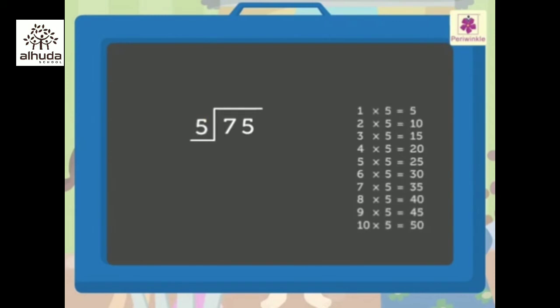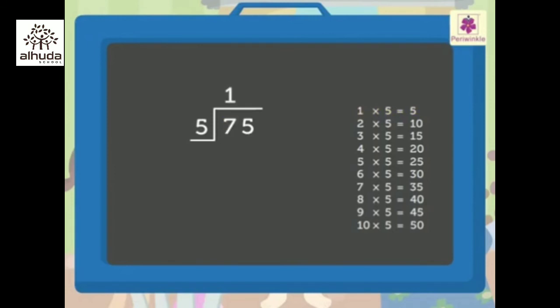Here we use the table of 5 such that the product is equal to or less than and nearest to 7. So, the nearest product is 5. Hence, we write 1 above the 7.